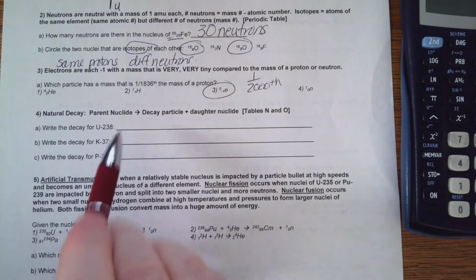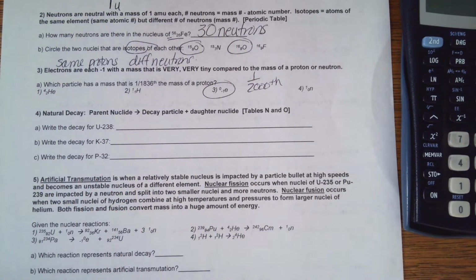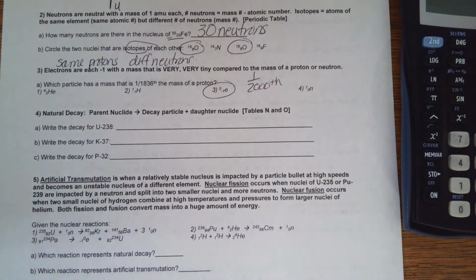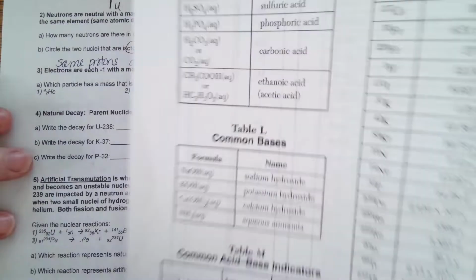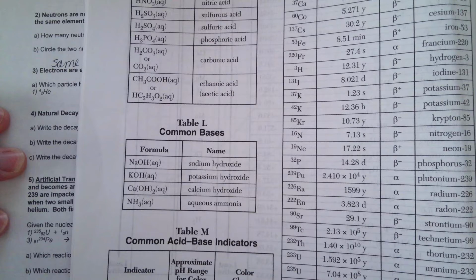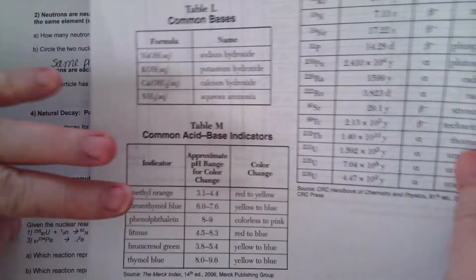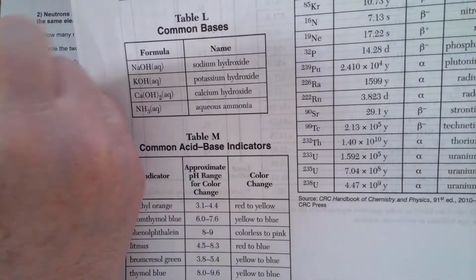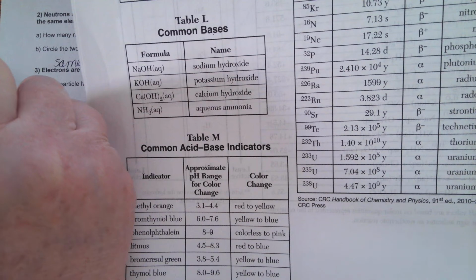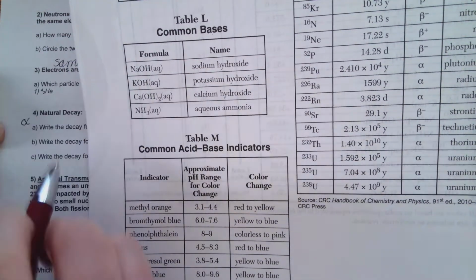All right, so now we have to write some equations, and we're going to write decay equations. So we're looking at Table N. In Table N, I need uranium-238. That is this decay.